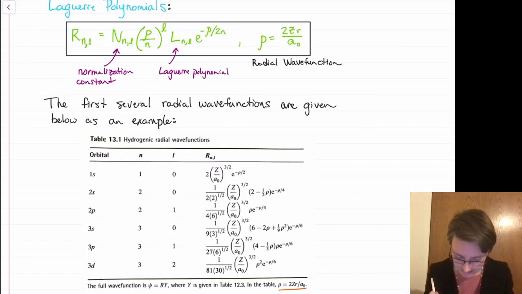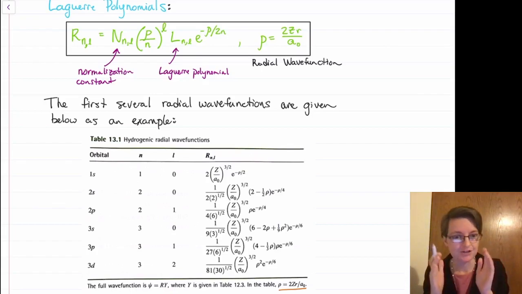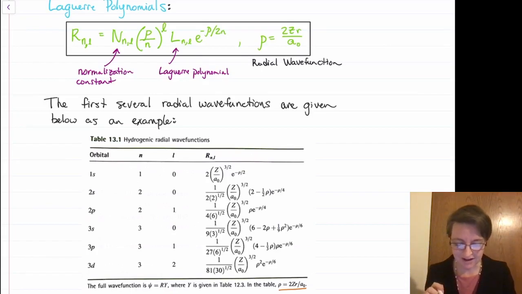And we see in these radial wave functions that our radial wave function has a term that depends on r raised to the power of L. That is going to help us define what the shape of this wave function looks like for small values of r or small values of rho.